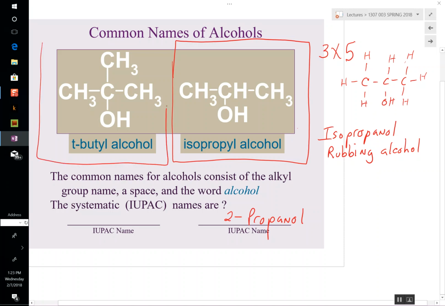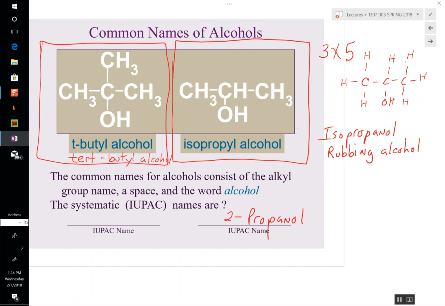Okay, this is another 3x5 card. This is t-butyl alcohol, or tert-butyl alcohol, or tertiary butyl alcohol. Well, I mean, you might find it called t-butanol or tertiary butanol.